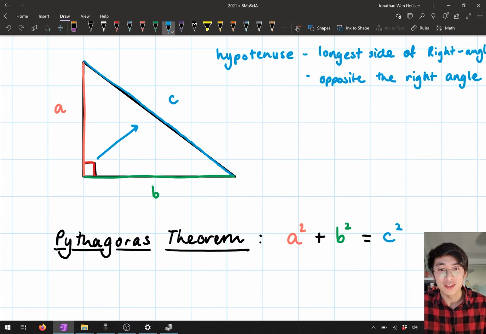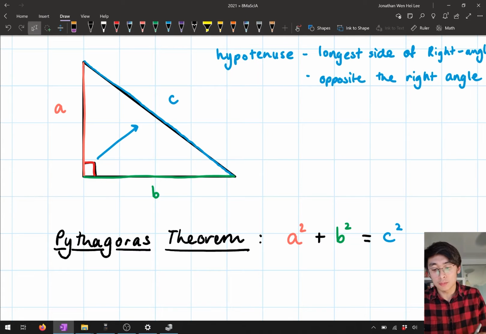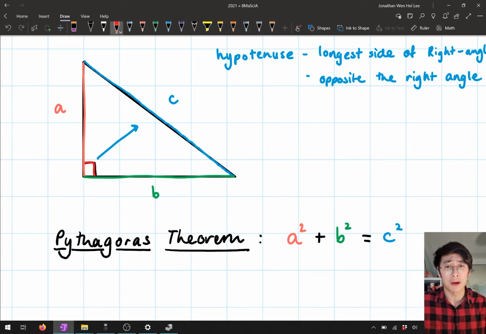Now, I said that Pythagoras noticed this, but actually this particular rule wasn't first discovered by Pythagoras. It was discovered by a whole bunch of other people in a whole bunch of different cultures. They all came to this realization about this particular pattern about a right angle triangle.